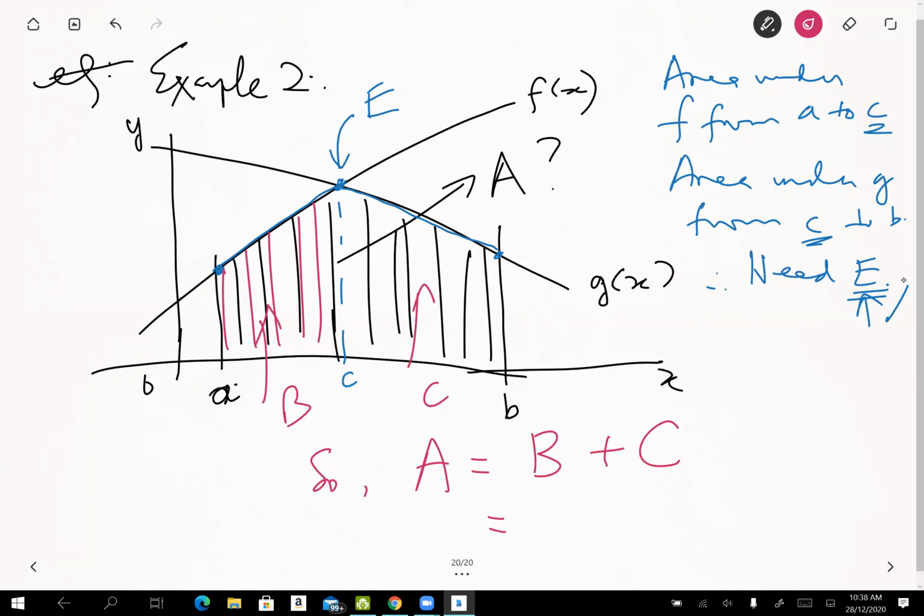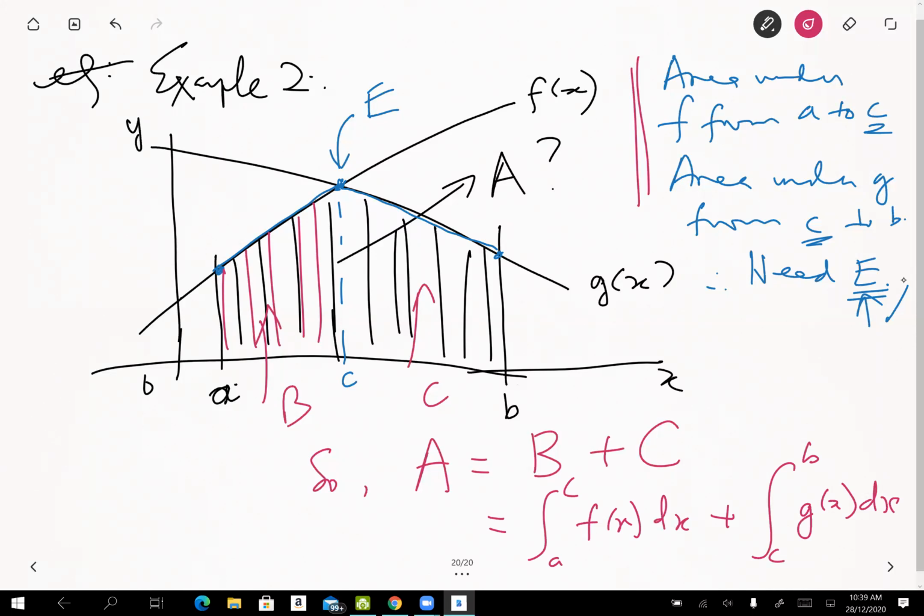That is equal to what you already know here: the integral from A to C of f of x dx plus the integral from C to B of g of x dx. So now you have addition. Earlier we had subtraction.